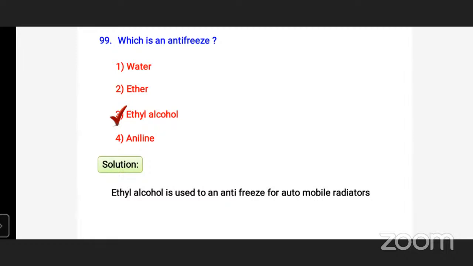Power alcohol is a mixture of absolute alcohol and petrol in a 1:4 ratio and is used in running automobiles. Methylated spirit or denatured alcohol is obtained by adding methyl alcohol, ketone and pyridine to alcohol to make it unfit for drinking. So antifreeze is ethyl alcohol.